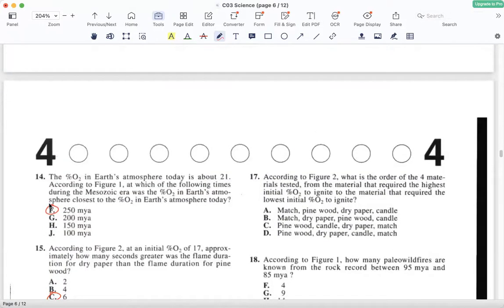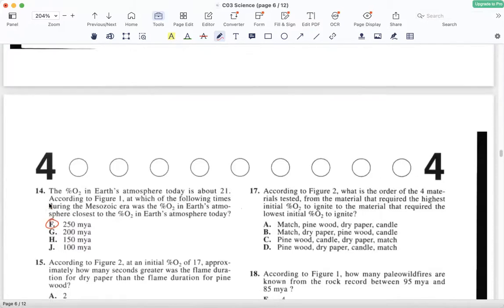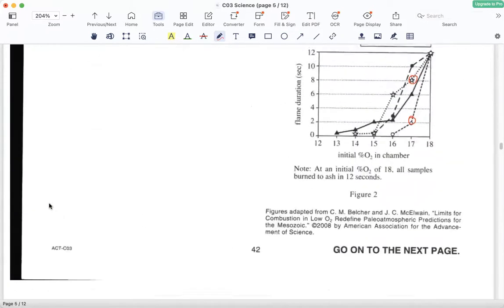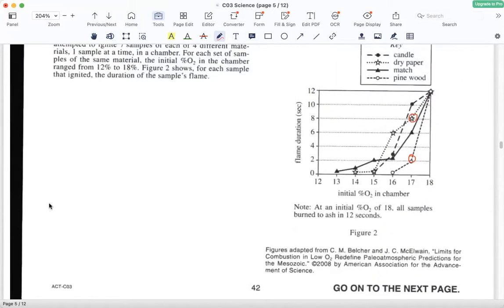According to figure 2, what is the order of the 4 materials tested from the material that required the highest initial percentage oxygen to ignite to the material required lowest oxygen? Okay. So highest that was needed to ignite was pine wood.